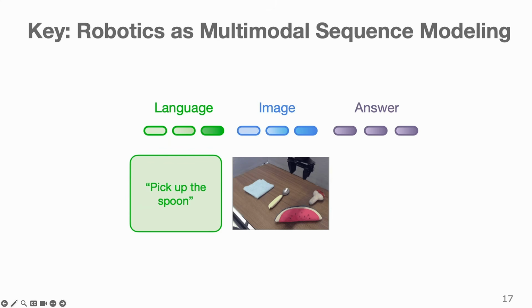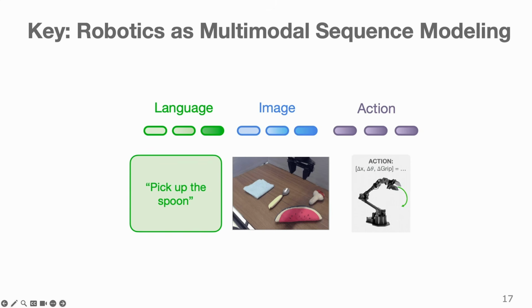And so the key idea that a lot of the generalist robot policy works built upon is that you can view robotics as a similar multimodal sequence modeling problem, right? Where you're trying to learn a powerful model that maps from images and text to answers, right? But in robotics, in our case, the answers are not really text, but they will represent actions.